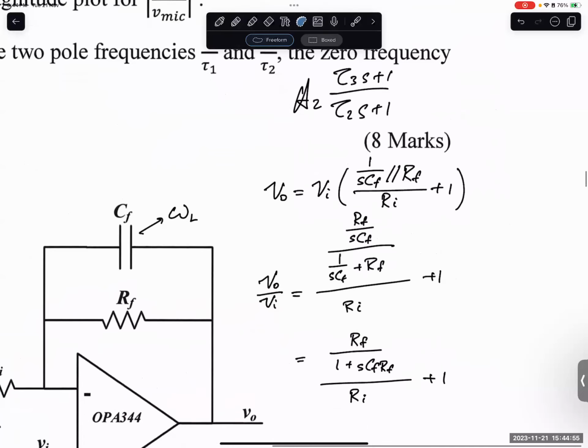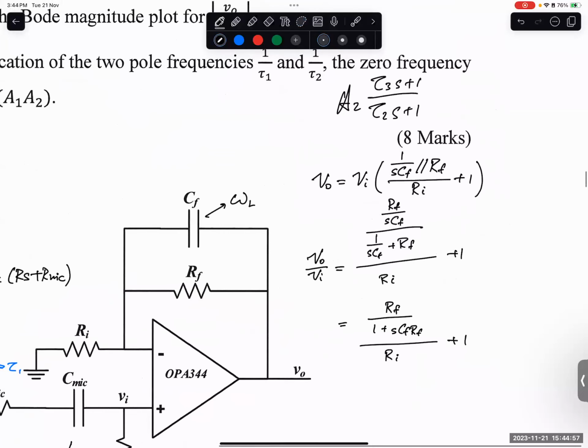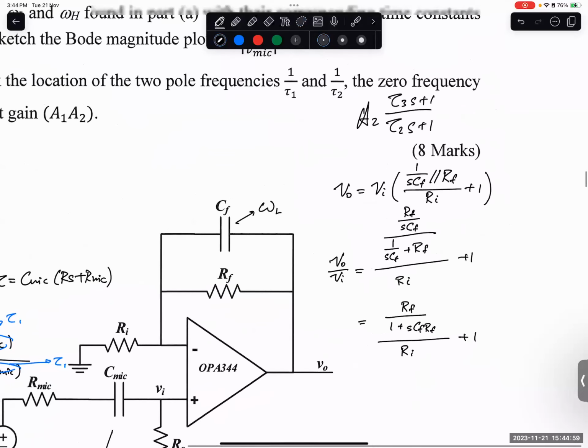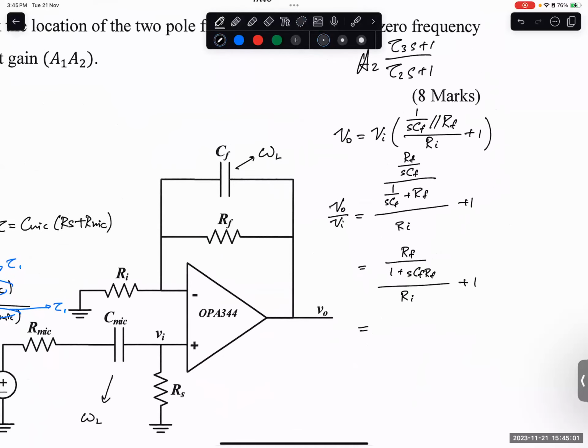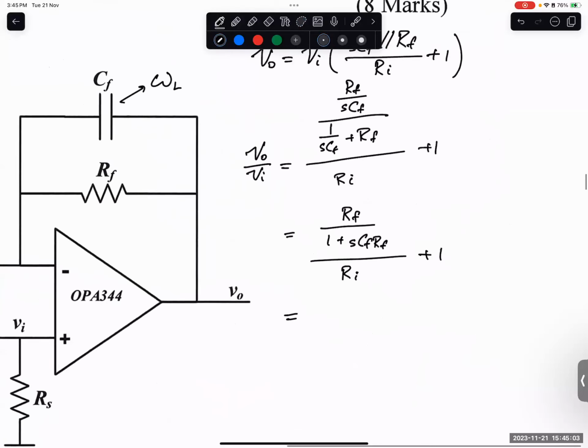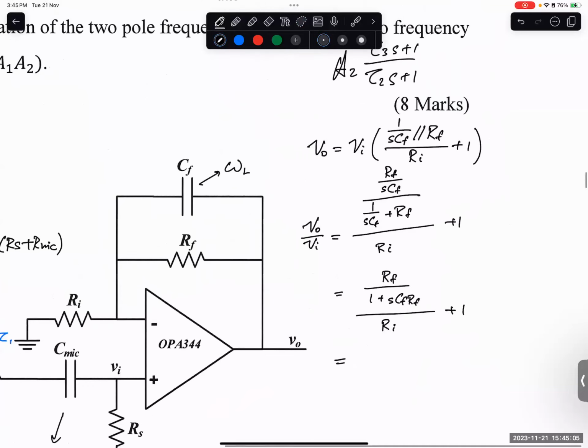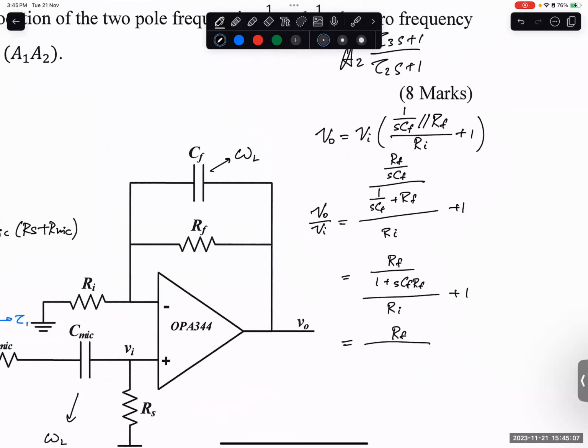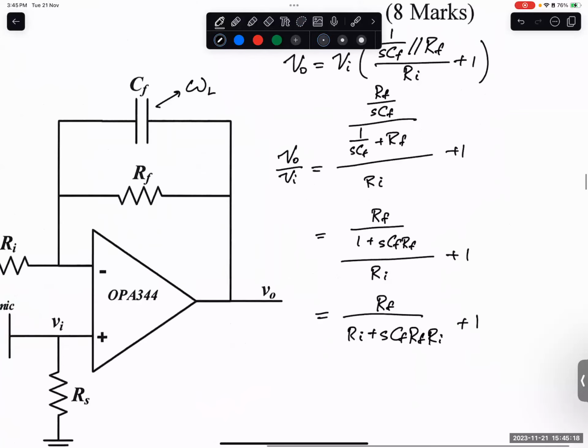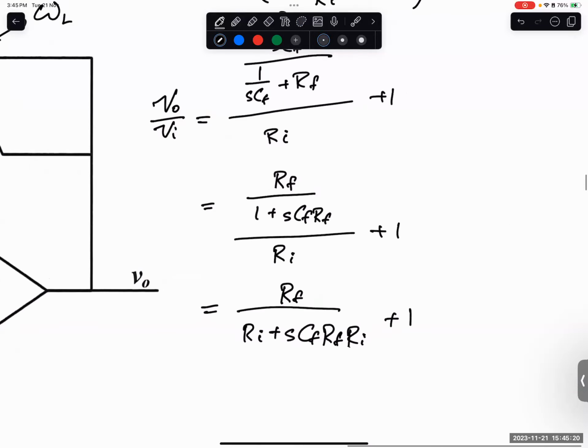Find A... RFI. Okay, so now we have this first, right? But we know for the fact that this is one of the time constant.